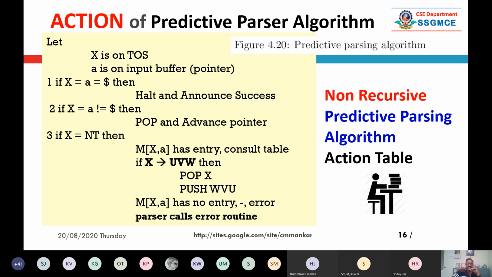Let us assume that X is on the top of the stack and A is on the input buffer, meaning the pointer is pointing to that buffer A. A can be a terminal, a non-terminal, or some symbol.